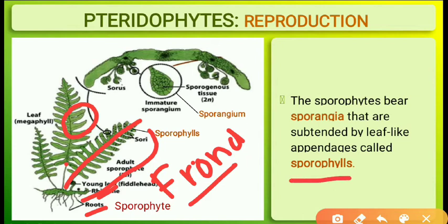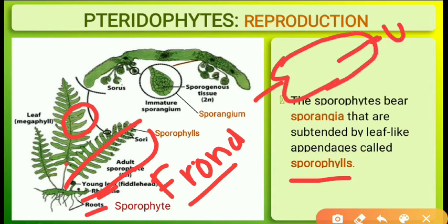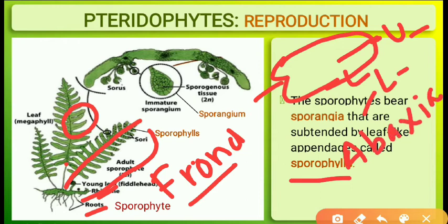Sporophyll means reproductive leaf. If we look at the structure of this leaf, it has two surfaces. One is the upper surface, another is the lower surface. The upper surface is called the adaxial surface, and the lower surface is called the abaxial surface. On the abaxial surface, there is a brown-colored structure called a sorus.